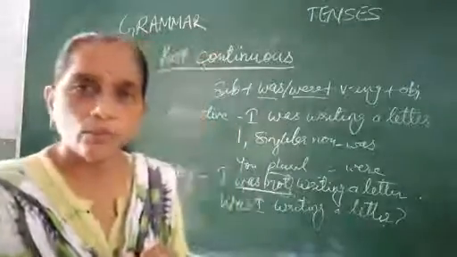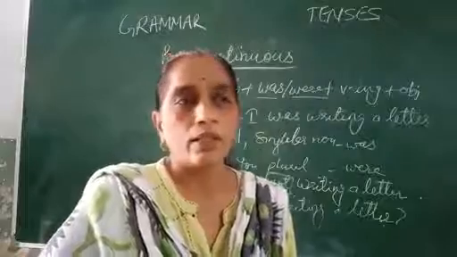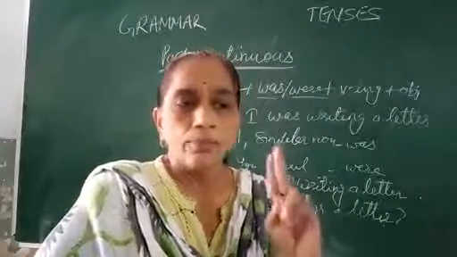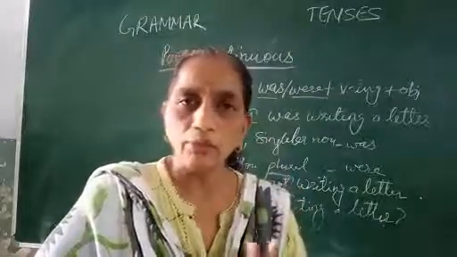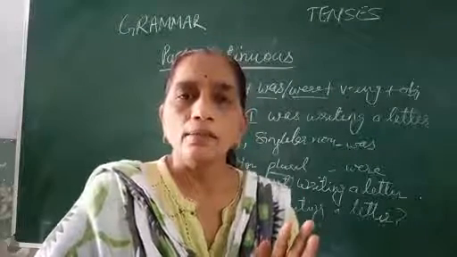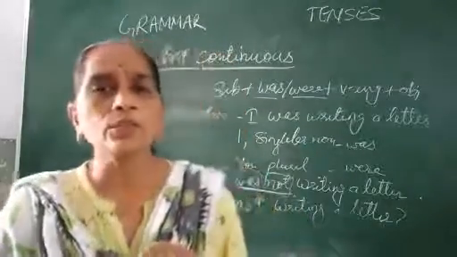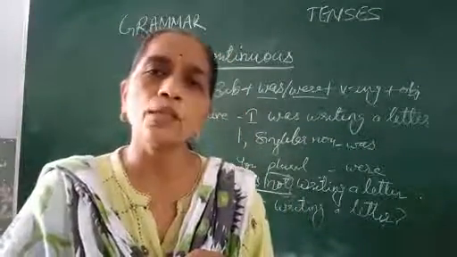When I reached home, my mother was baking a cake for me. जब पास की कोई एक्शन है, remember one thing, when it is a past action and another action was going on at that time, we use past continuous.